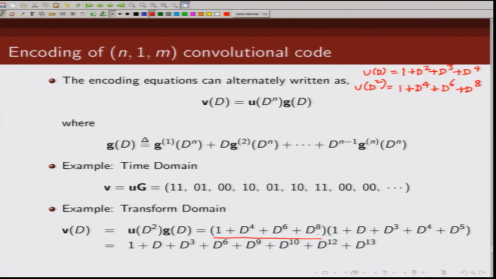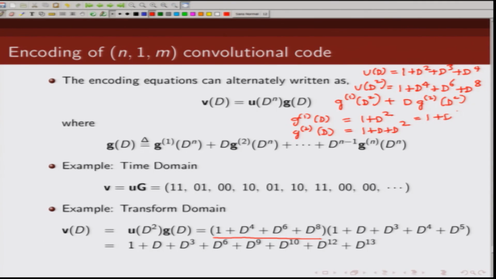Okay. And what is g(d)? g(d) is g1(d square) plus d times g2(d square). And what is g1(d) and g2(d)? g1(d) is 1 plus d square, and g2(d) was 1 plus d plus d square. So, g1(d square) will be 1 plus d4, and g2(d square) will be 1 plus d square plus d4.